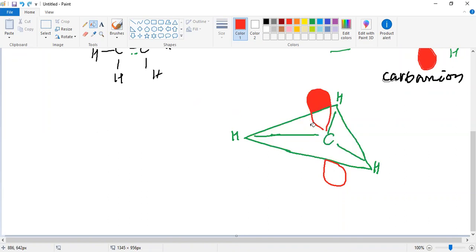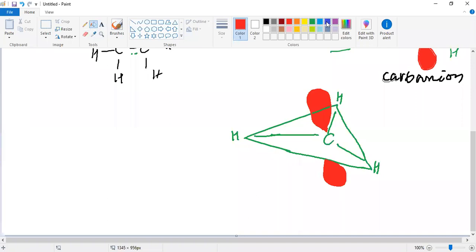So as it is a vacant orbital, there are only 6 electrons available around the carbon. And that is why there is a positive charge present on the carbon.